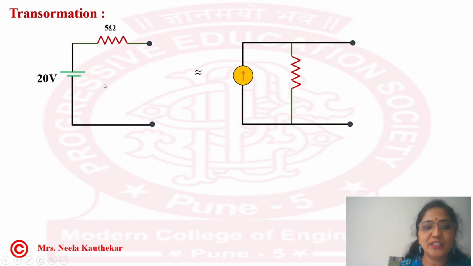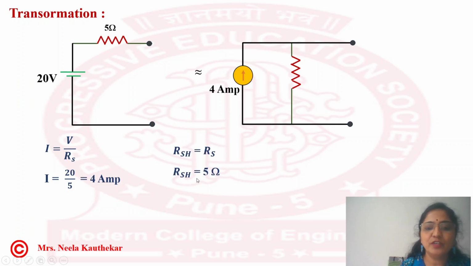I is equal to V by RS. So it will be V by RS, that is 20 by 5, 4 ampere. So the value of I will be 4 ampere, and this is RSH, which is equal to RS, that is 5. So it is converted.